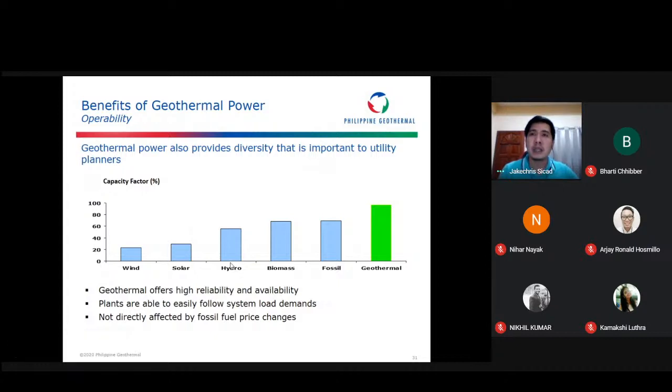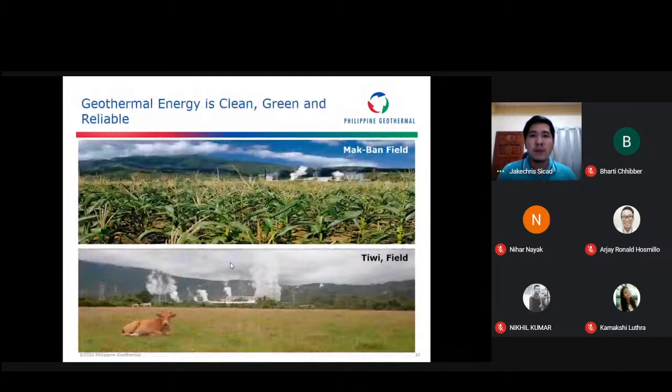Whatever is being demanded from the users, we can easily provide. And then it's not directly affected again by the change in the price of oil or any fossil fuel for that matter.